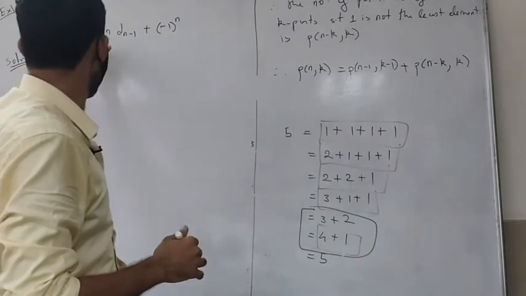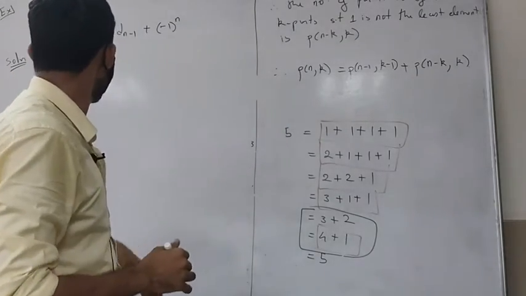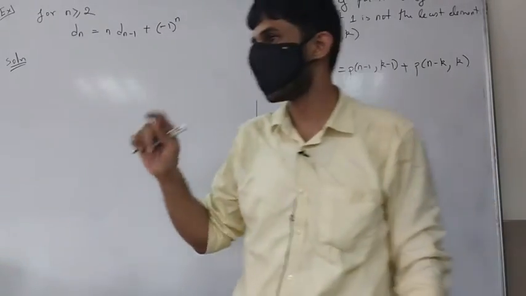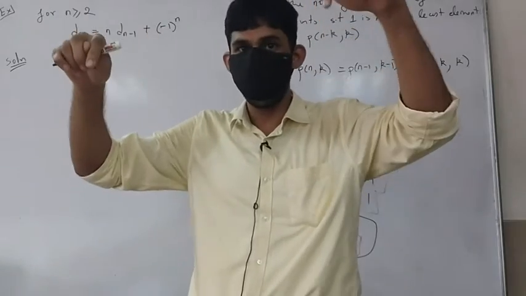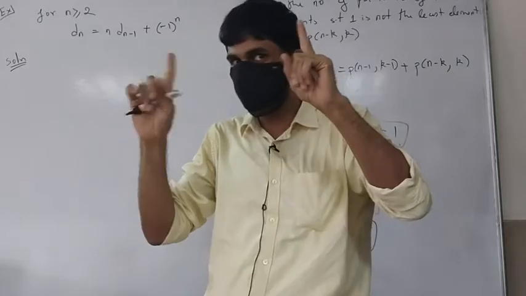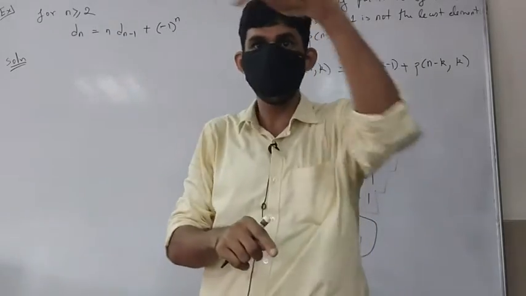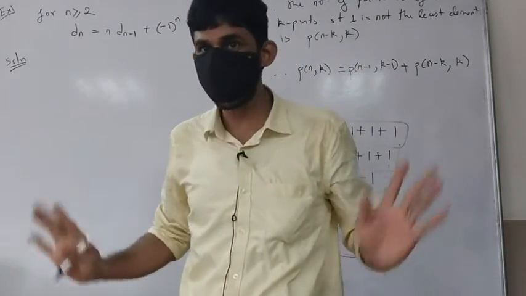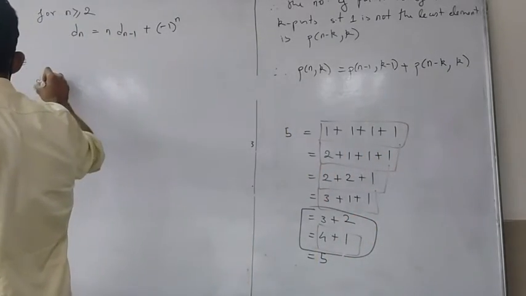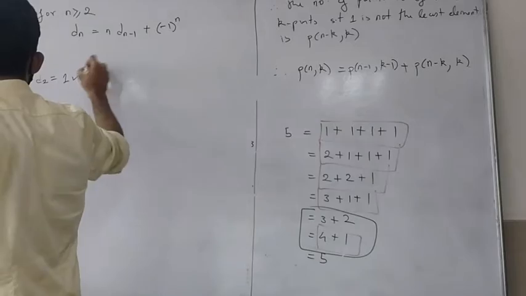So d2 is 1, right? There's only one derangement of the set 1, 2: 1 goes to 2, 2 goes to 1. There is no other derangement. So d2 is nothing but 1.